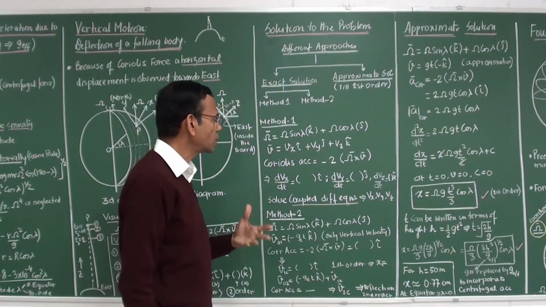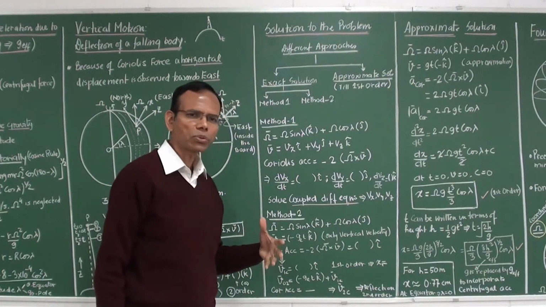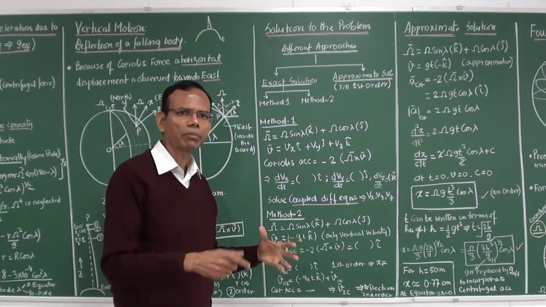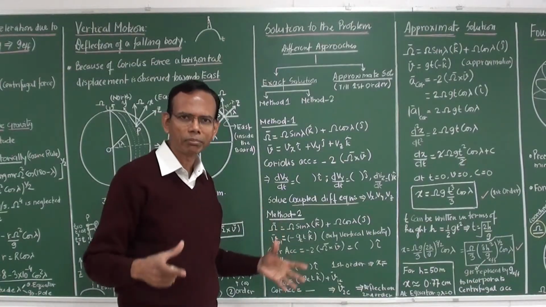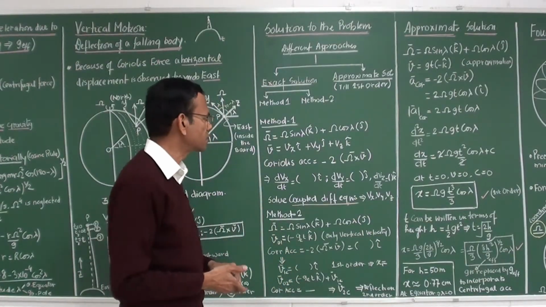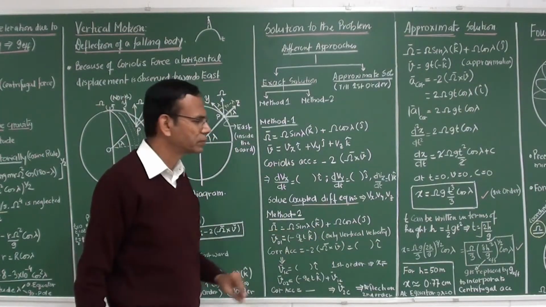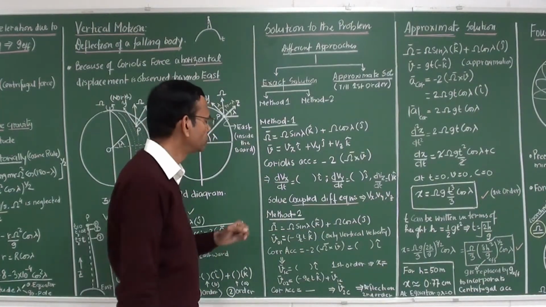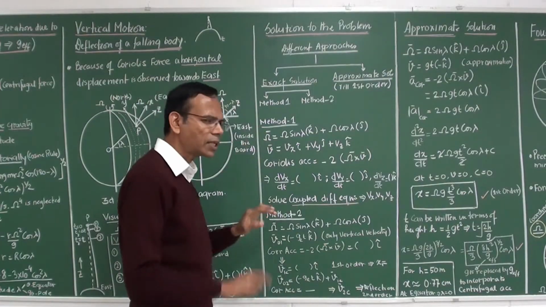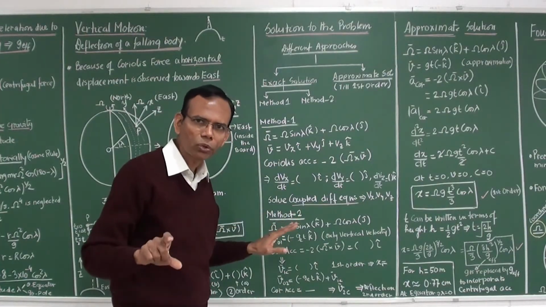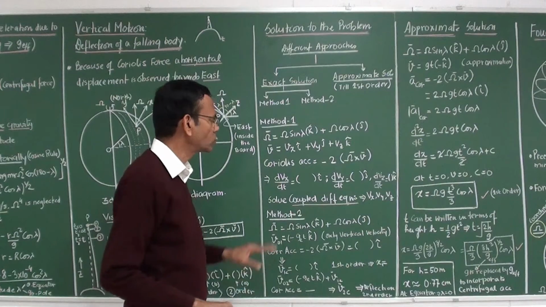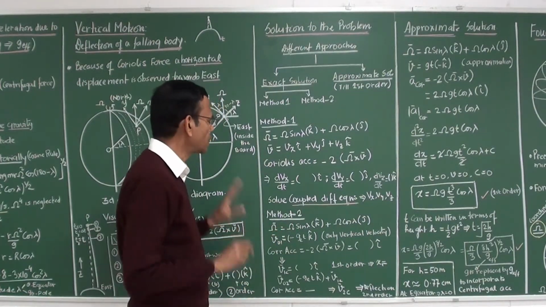As I told you earlier also, it is interesting to see how a single problem can be solved by different methods, in different ways. But we will not go into the details of it, because a lot of mathematics is there. So method 1 is very simple, very straightforward and rigorous also. So there is no approximation there, it is exact.